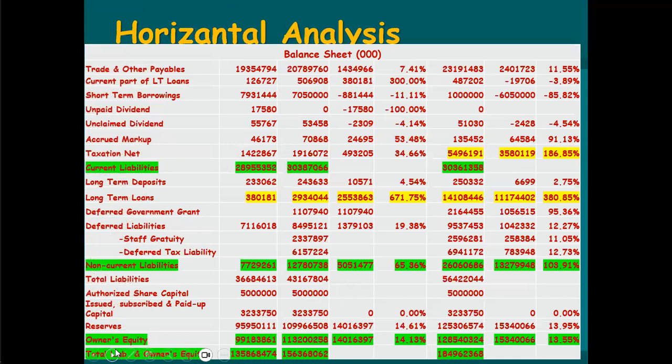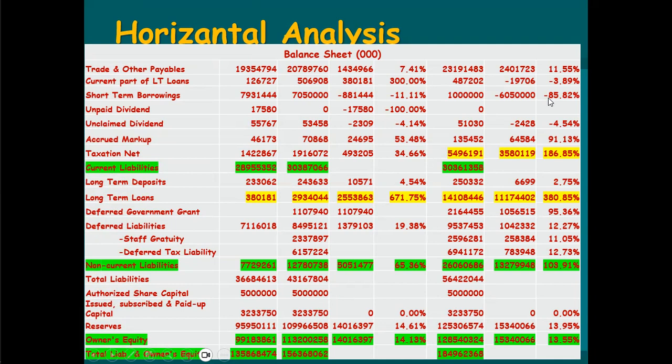Here we have the liability side. In case of the liability side, you can observe nominal changes in trade and other payables, 7.4%, thereafter 11%. In case of our short-term borrowings, you have observed a declining trend here by 11% and here by 86%.